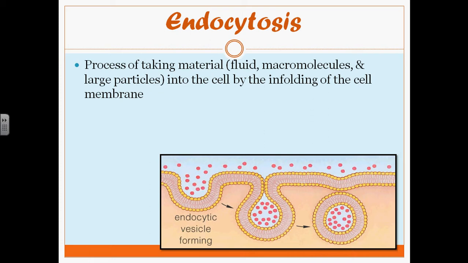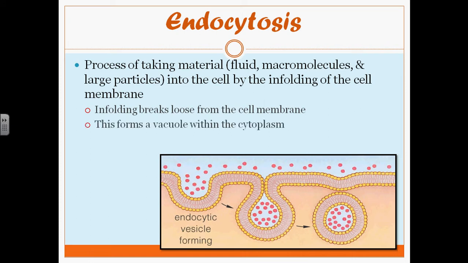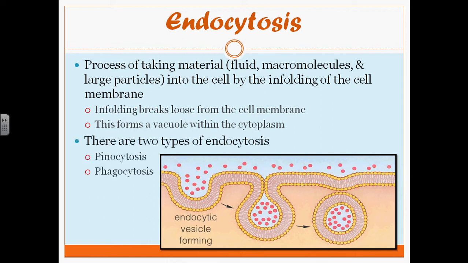It forms an actual vesicle. So the infolding breaks loose, as I said. That vesicle, once it detaches from the cell membrane, we consider a vacuole within the cytoplasm. And if you remember what a vacuole does, a vacuole stores liquid or waste within the cell. There are two types of endocytosis, pinocytosis and phagocytosis.